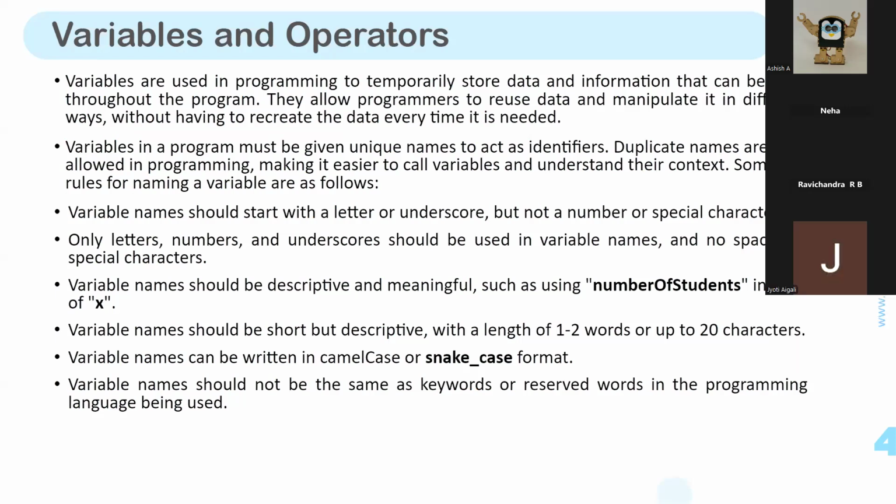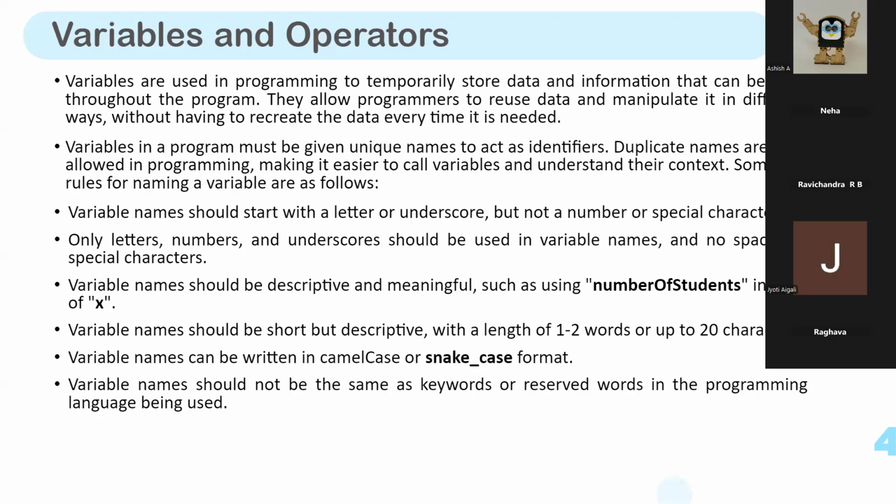So once it is fixed at the initialized stage, we can use it any number of times in a program. Variables in a program must be given unique names to act as identifiers. Duplicate names are not allowed in programming, making it easier to call variables and understand their context.